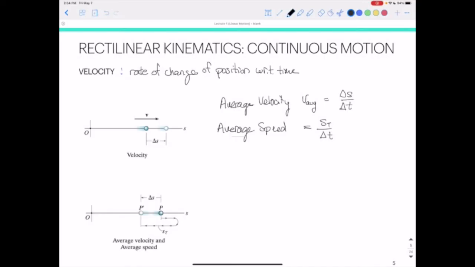And if we set that delta t to approach 0, we can get the limit, which gives us a first derivative of our position with respect to time, and we call that instantaneous velocity. So our instantaneous velocity, we'll just call V, and that is equal to the first derivative of our position s with respect to time.